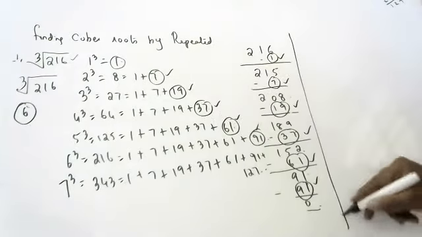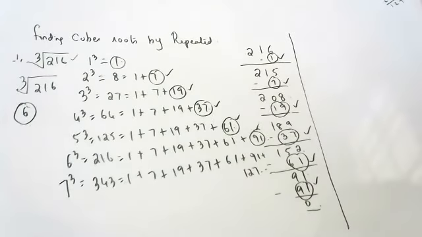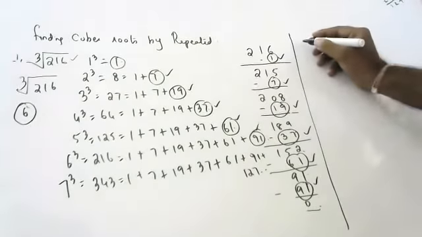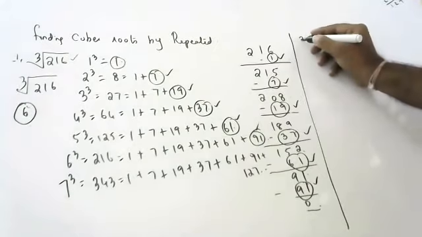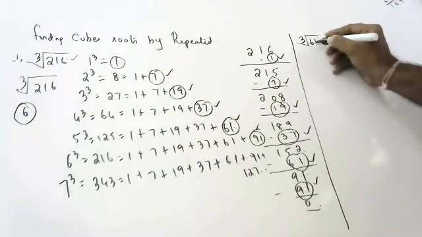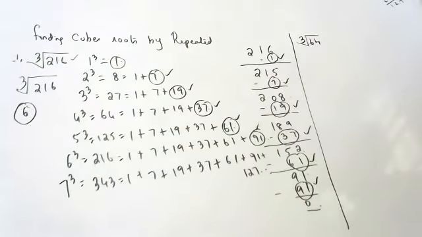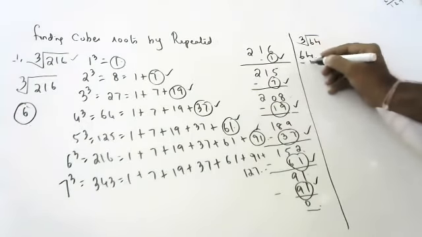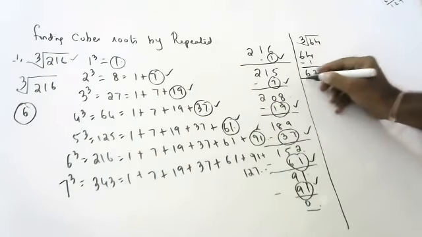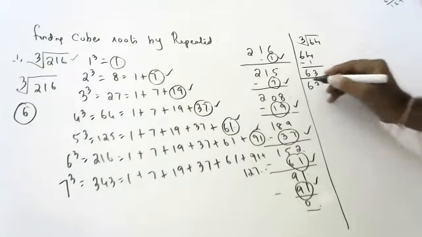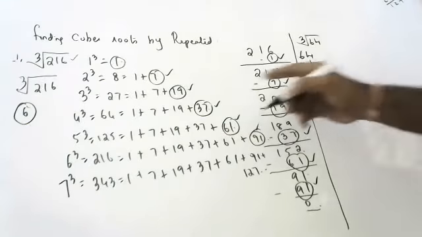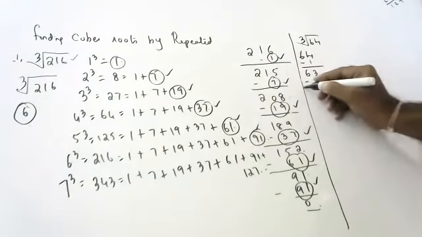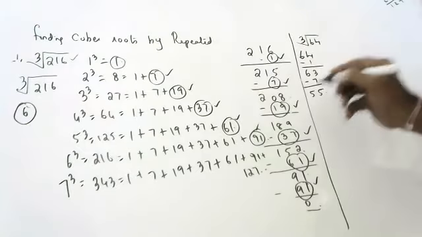Sir, we are getting confused with big numbers. We'll go for smaller numbers so that you will understand clearly. Let us find the cube root of 64, children. 64 minus 1 is 63. 63 minus 7 is 56.